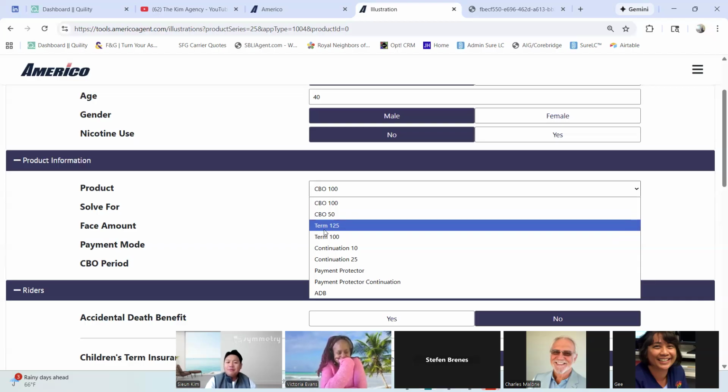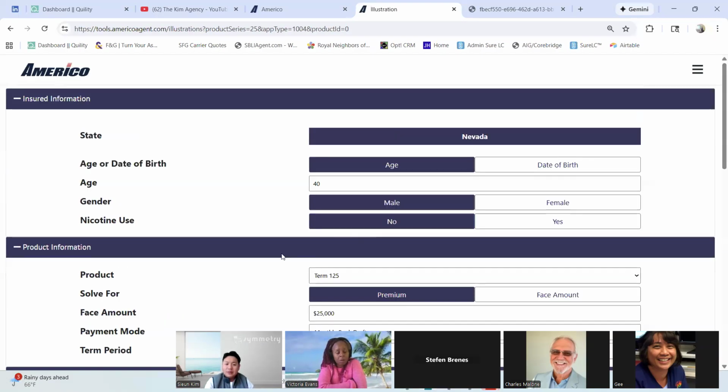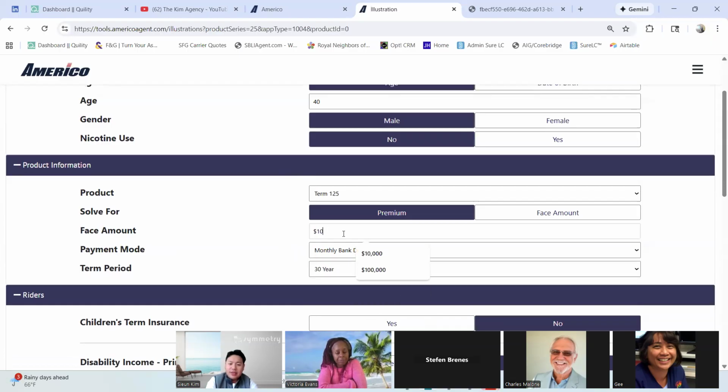Term 125, that extra 25 means that if the client dies of an accident, they'll pay 25% over the regular death benefit. So if you wrote $100,000 term 125 and you put 100,000 here, if the client dies of a natural cause or an illness, they still get only 100,000, okay? But if the client dies of an accident, it pays an additional 25%, which is what is 25% of 100,000?